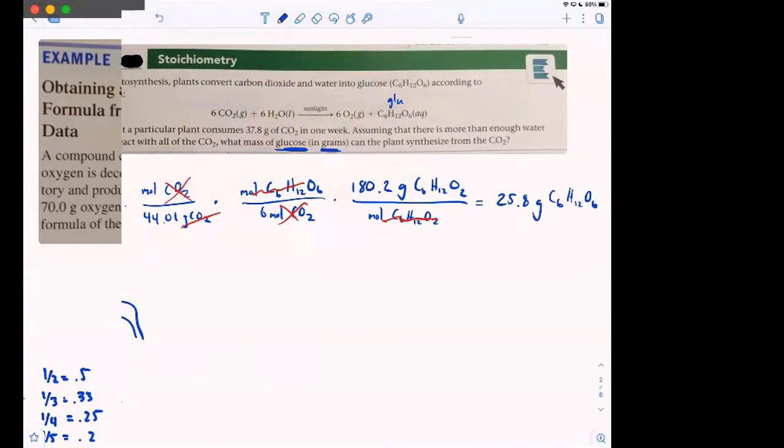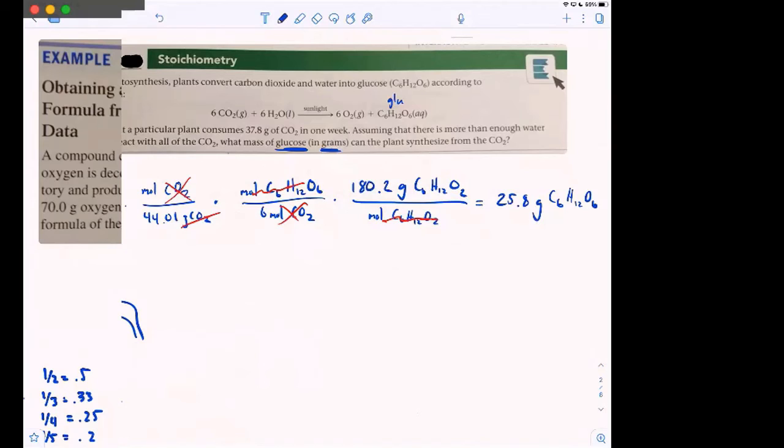So recap with this one. We have an experiment that we're trying to figure out. Somehow in this experiment, we figure out that the plant consumes 37.8 grams of carbon dioxide. And we want to figure out what mass of glucose this plant generated, doing that via the photosynthesis reaction.